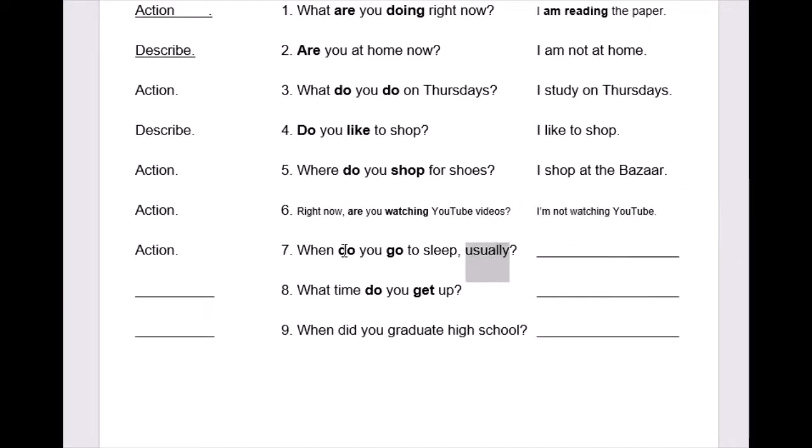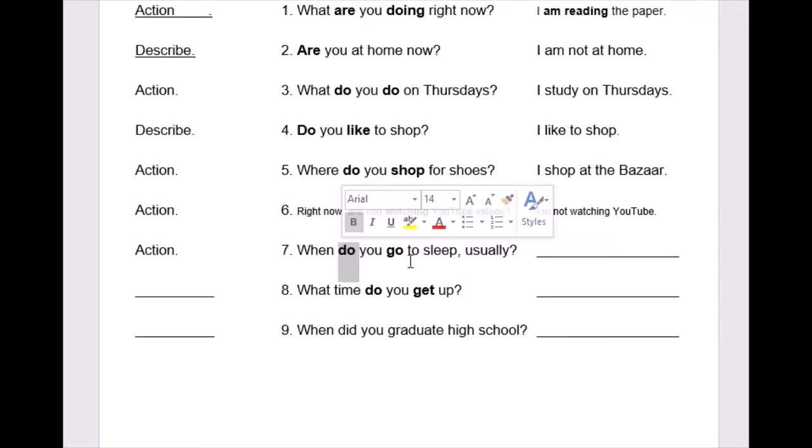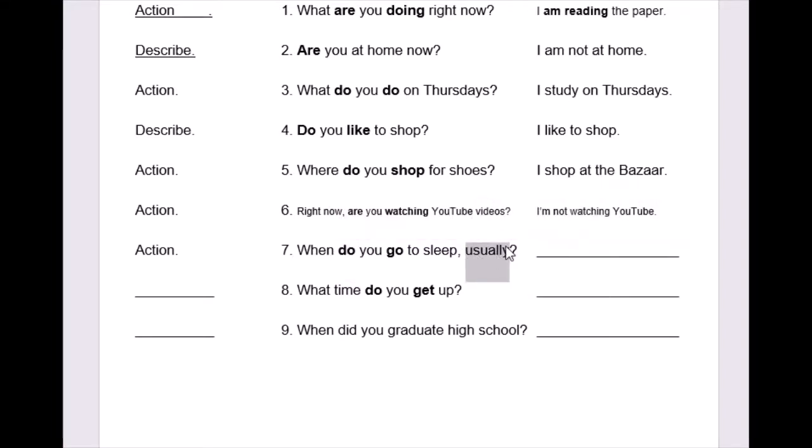And the helper verb, what verb tense is this? Is this the past or the present? It's present. Present simple, right? Frequency adverb. So I'm asking about habits, routines about the person. So I go to sleep at 11 p.m. usually, okay?